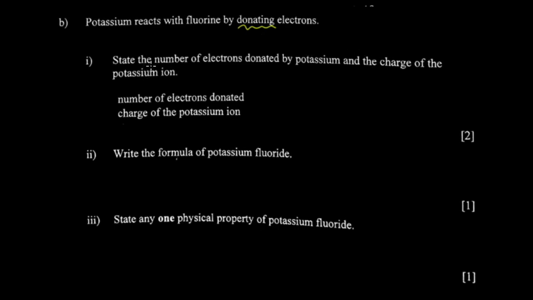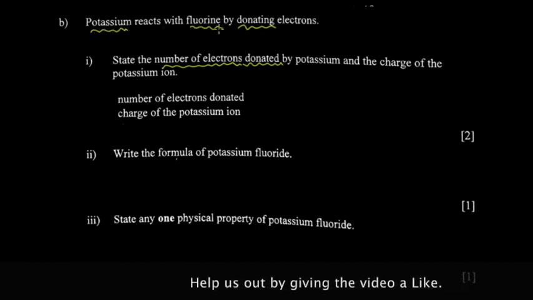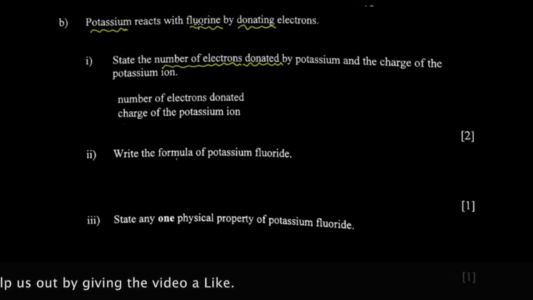Metals tend to donate electrons, non-metals tend to accept electrons. Potassium is a metal and fluorine is a non-metal, so potassium will donate electrons to fluorine, such that both achieve what's called the octet state.